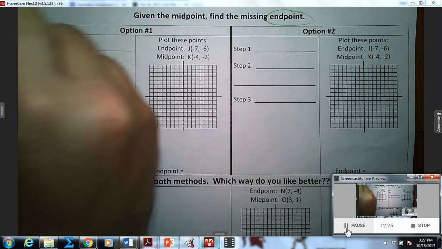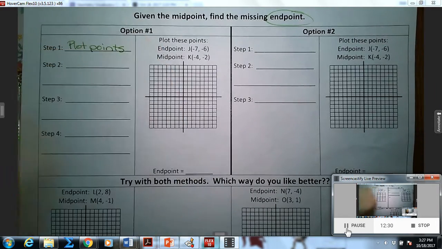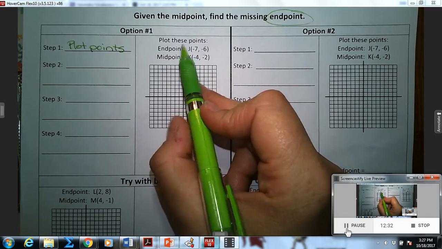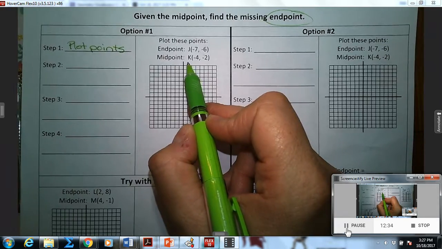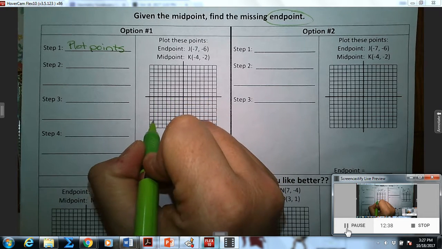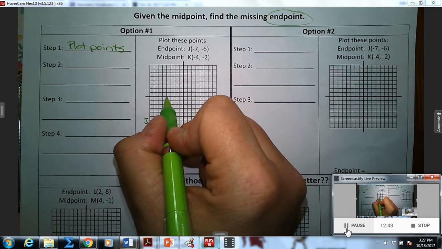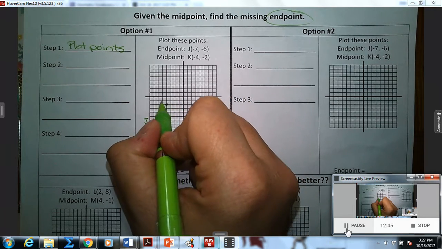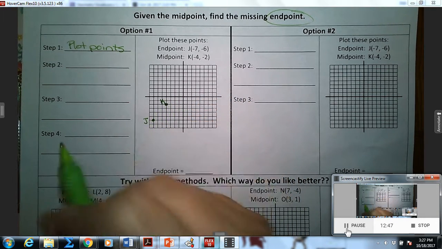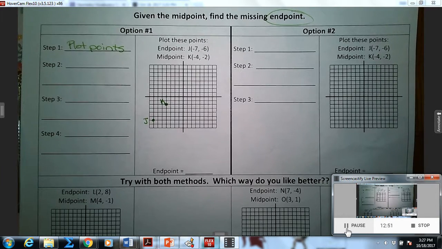Step 1, of course, plot points. Now this time, I'm plotting an endpoint and a midpoint. Point J is the endpoint at -7, -6, and point K is the midpoint at -4, -2. Next, make a right triangle again.